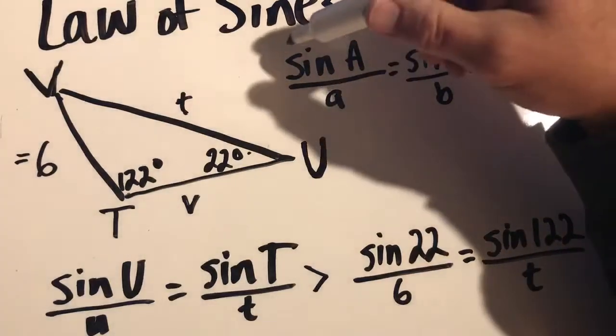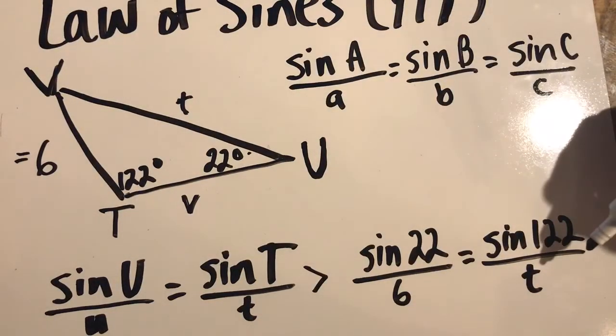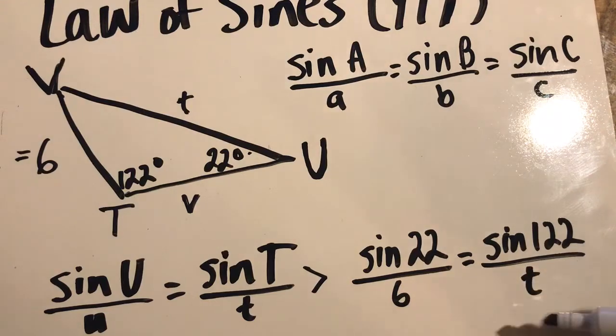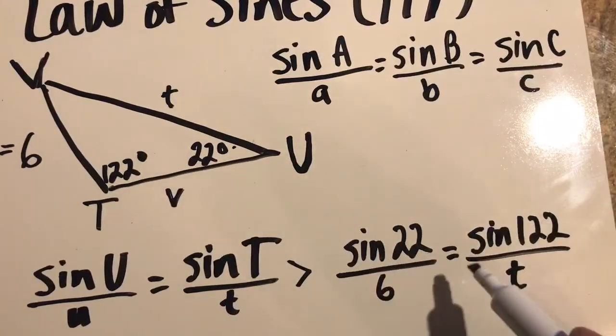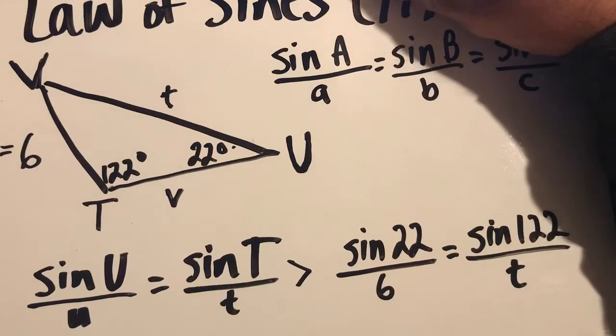So notice the law has 3 different ratios equal to each other, but when you apply the law, you're only going to use 2 ratios. So for this proportion, you're going to need your calculator. Make sure your calculator's in degree mode.